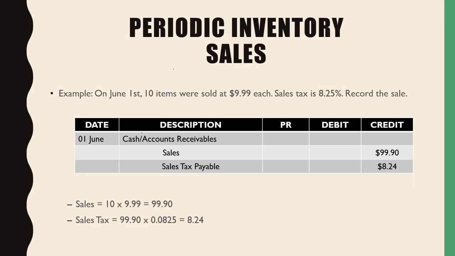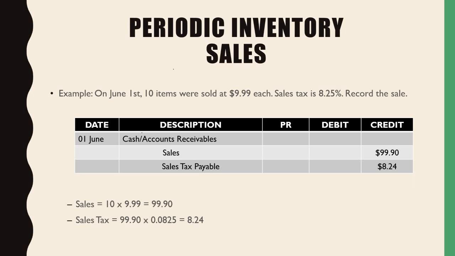So in this case, I'm going to take my $9.90 multiply by that 8.25%, okay? If you guys know percentages, it's converted to 0.0825, okay? No percent there. And then when you figure that out and you calculate it, you're going to get $8.24, okay?